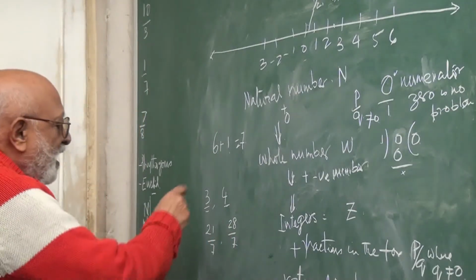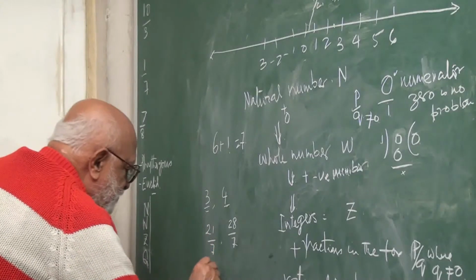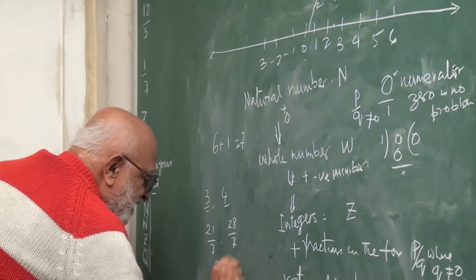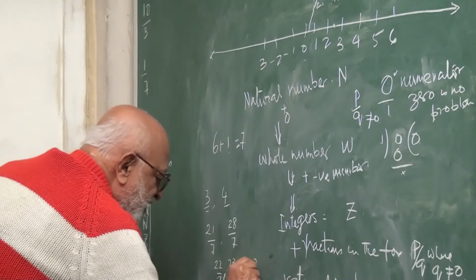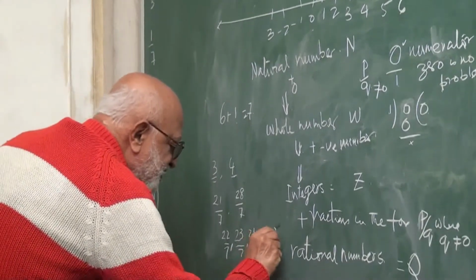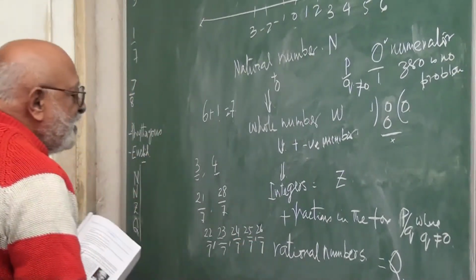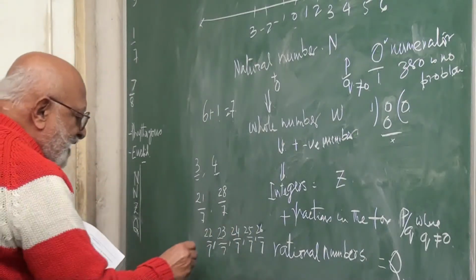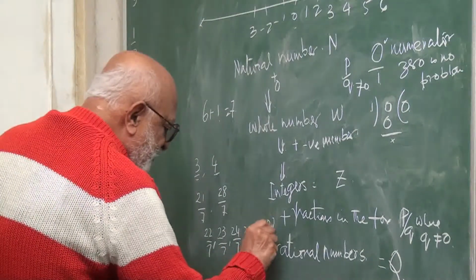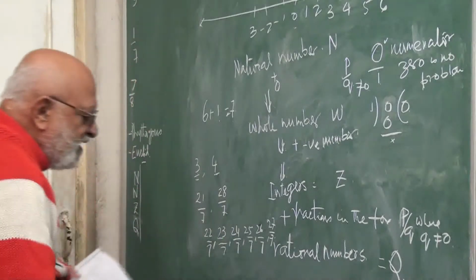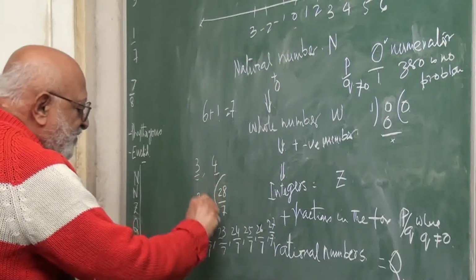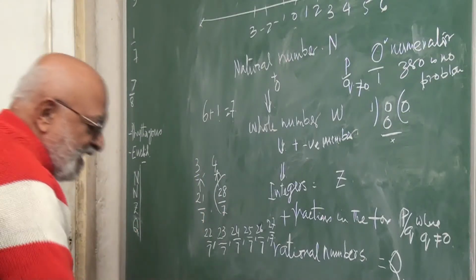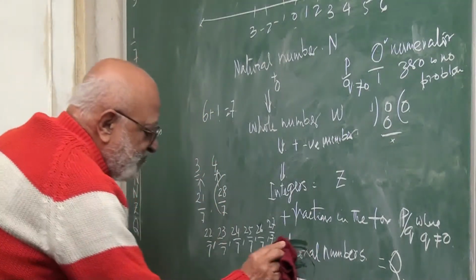What would be the numbers here? It could be 22/7, 23/7, 24/7, 25/7, 26/7, and you can also add 27/7. That gives you 6. If you go to 28 you will hit 4, so you don't want to hit 4, and you don't want to start with 21.